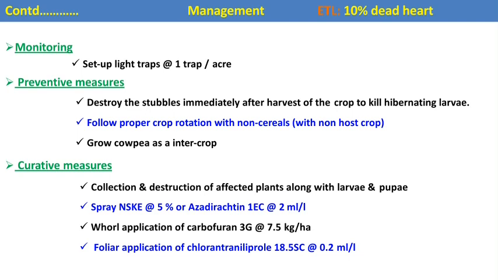Then apply carbofuran 3G at the rate of 7.5 kg per hectare in the whorl, because the early instar larva attacks the leaf and produces the series of holes on the leaf lamina. To kill that larva, we can use carbofuran. Then for foliar application, we can use a recommended insecticide such as chlorantraniliprole at the rate of 0.2 ml per liter.